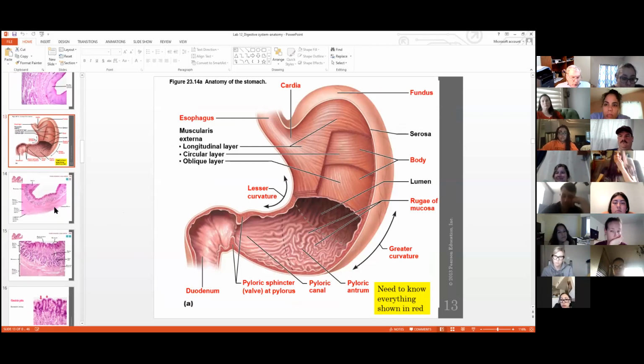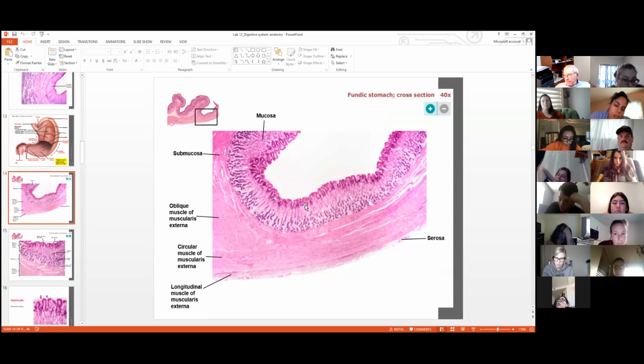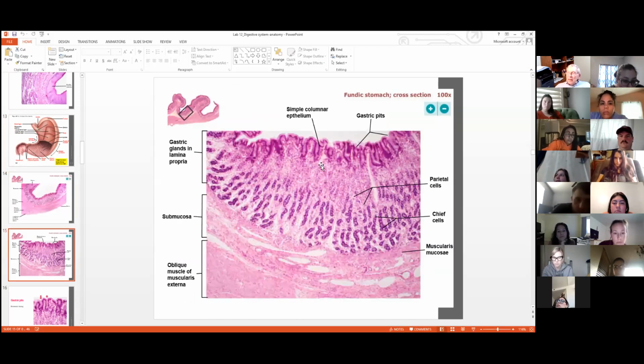So we get to number 14, we get into the stomach, and actually 14 is not in our list, but 15 is. It's the blow up of that area. This is the lining, similar to the picture before: mucosa, submucosa, muscularis.